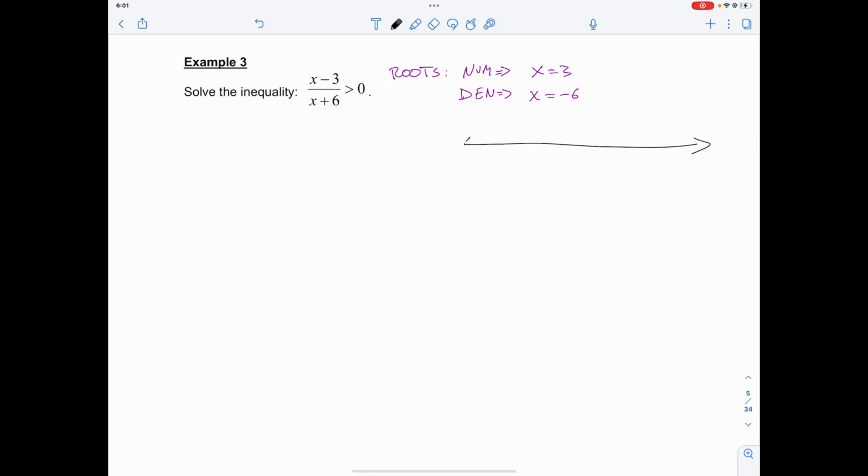When we find our interval regions, I have negative 6, I have 3, and I have regions 1, 2, and 3. Create my chart.